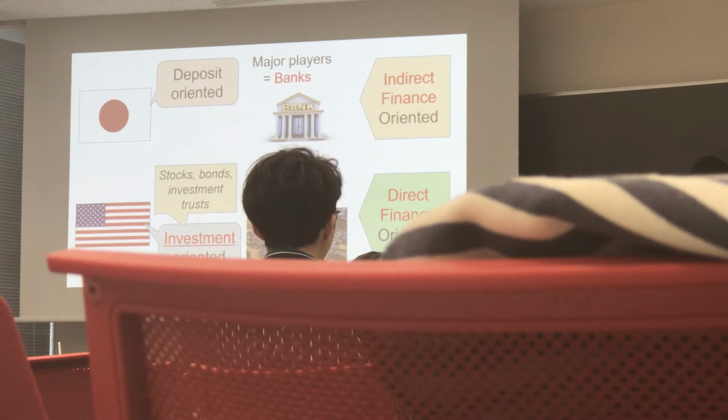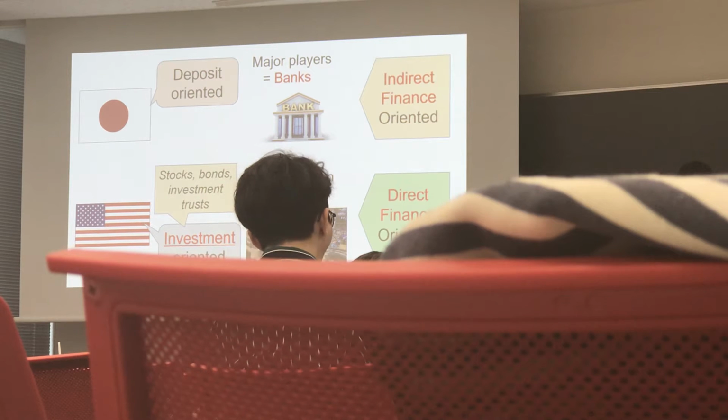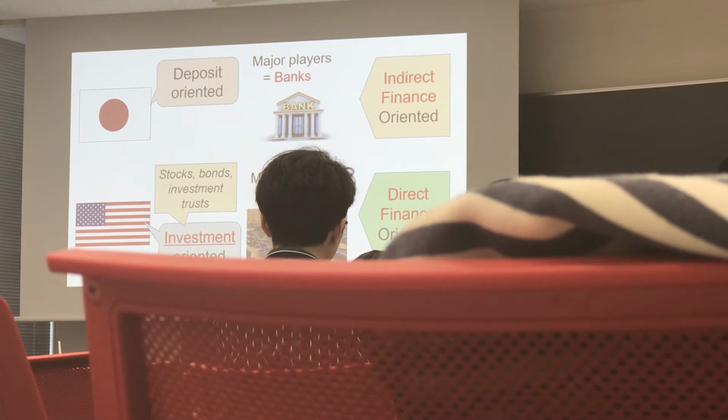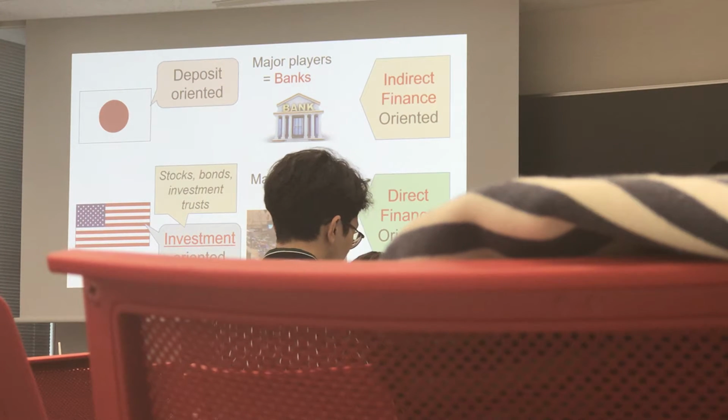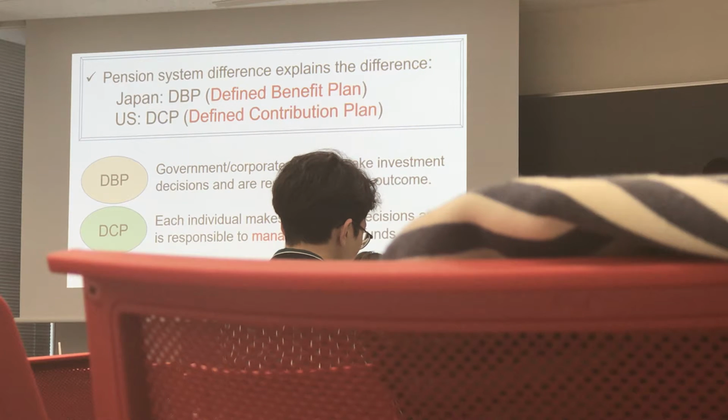And please flip over to the reverse side, handout number 6. Number 5, what accounts for Japan and US system difference? And number 3, pension system. That is minor highlight.